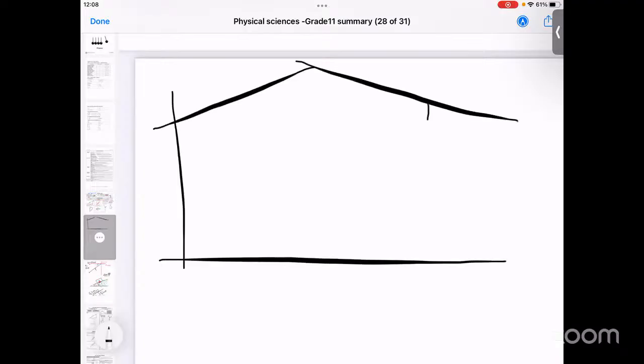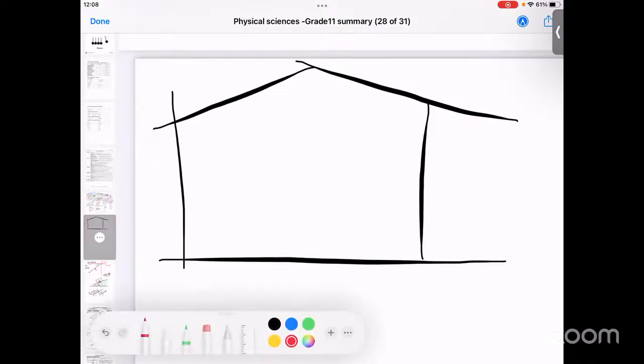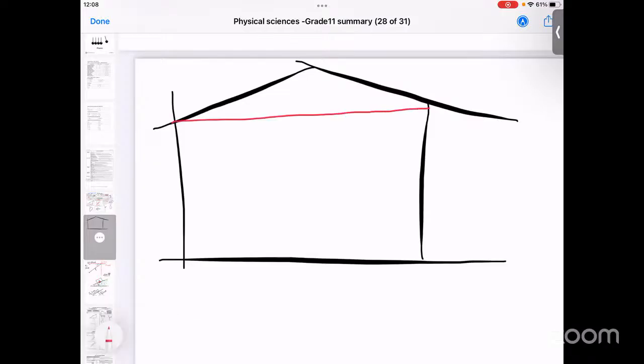Think of this as being the house, and in the house there's definitely going to be a ceiling which has to be flat.